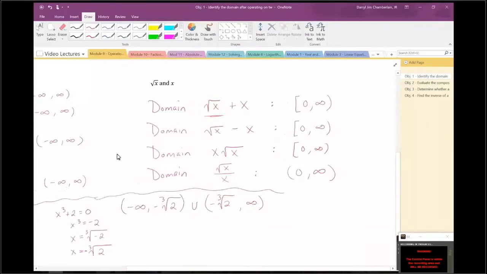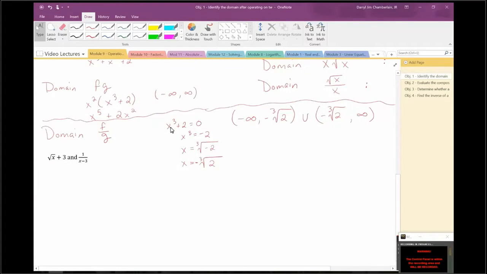So let's see one more example just to make sure this pattern continues. In this case, we have two functions. The domain of the square root of x plus 3. Well, again, we're going to want to avoid this underneath the square root being negative.